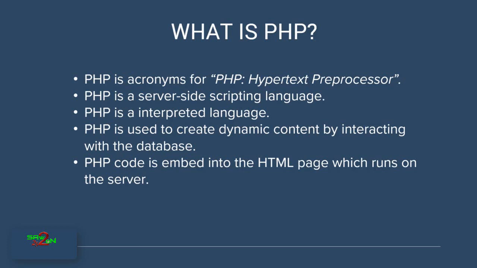So include this in your definitions. Tell them it is server side and also an interpreted language. When someone asks you what is an interpreted language and what is a compiler, an interpreted language is the one that executes whenever the request has been made. The compiler is where you have to pre-compile before it actually runs. Also mention dynamic content, and that it is easy to embed in the HTML page.